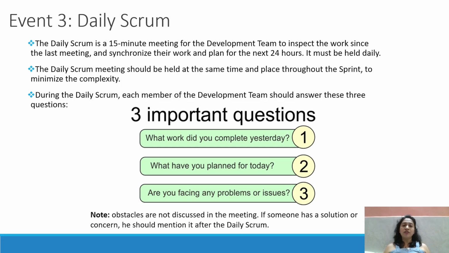After the 15 minute daily scrum meeting ends, the scrum master will connect with that person, and if anyone has solutions or help they can provide, they will connect with them and get it resolved within our team, or we can take help from other team members or the product owner on the business side as well.